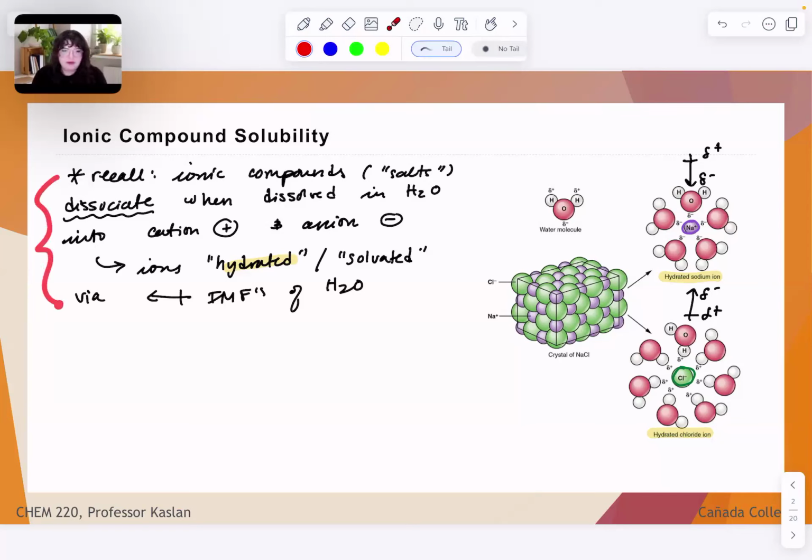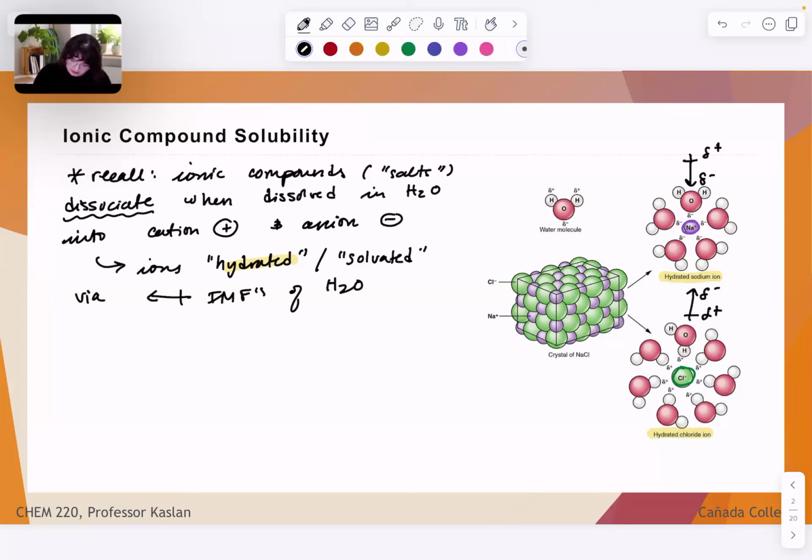So this right here is kind of like review. This is how we've understood the idea of an ionic compound dissolving in water, starting from, I think, week number 2 of this class. So then what is new? What is different about what we're talking about when we discuss ionic solubility and solubility equilibrium?